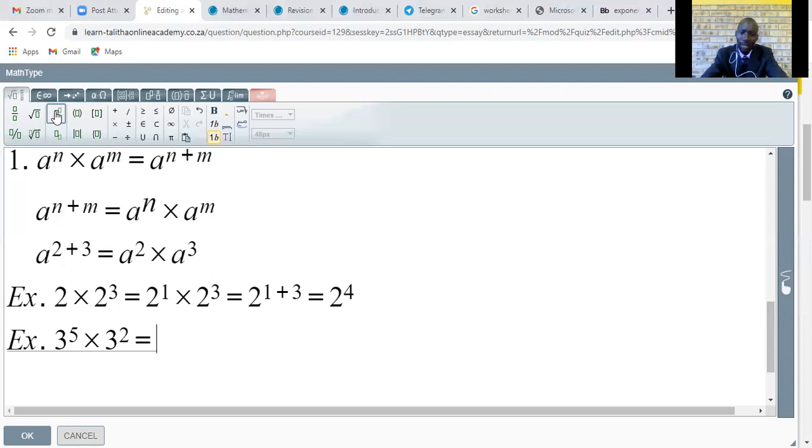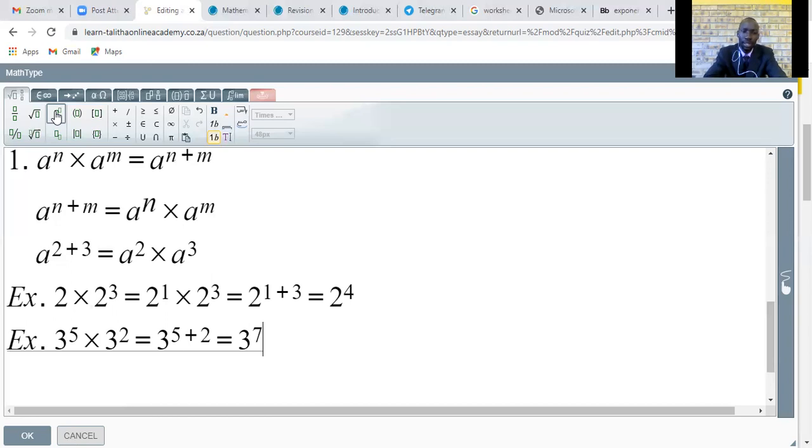Well, we just simplify. We say this is equal to 3, then we add the exponents. The exponent being 5, which we now add to 2. What is this supposed to give us? Well, this is supposed to give us a 3 with an exponent of 7, which comes after adding 5 to 2.